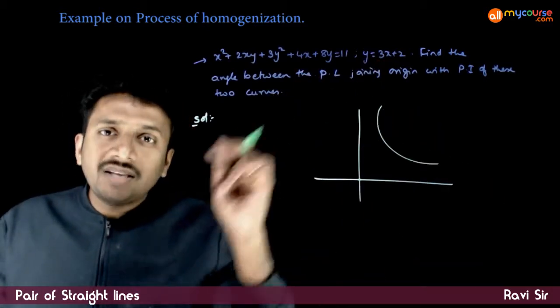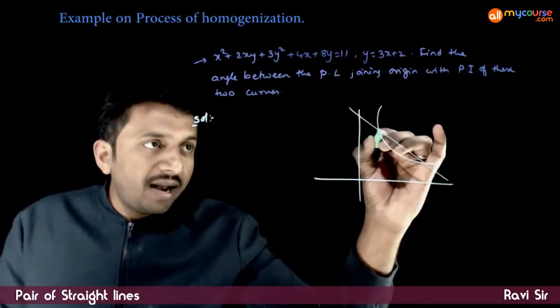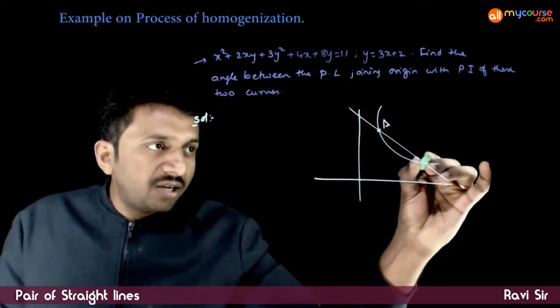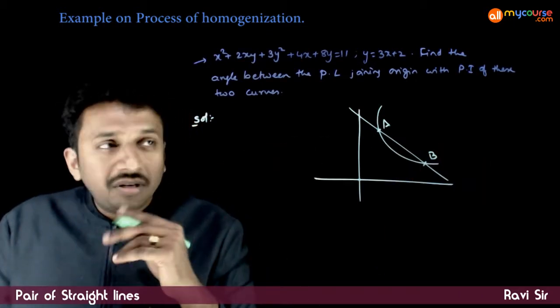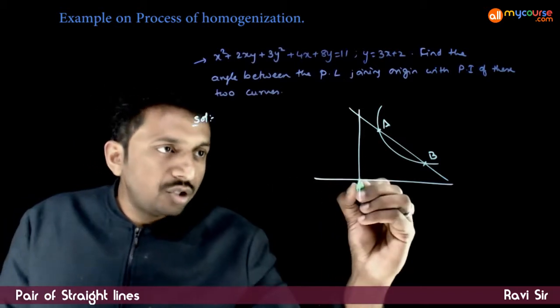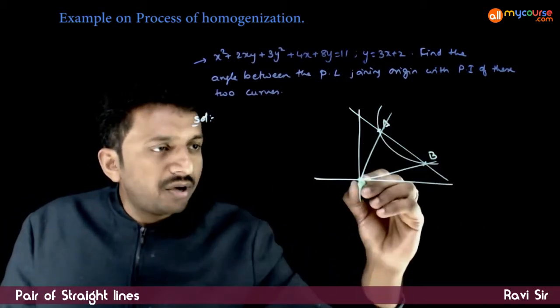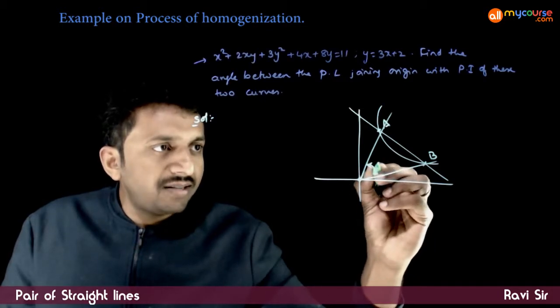And you have the line y is equal to 3x plus 2, which might look like this. And these are the 2 points of intersection. Now you're asked to find the angle between the pair of lines joining origin with these points of intersection. You're asked to find this angle theta.